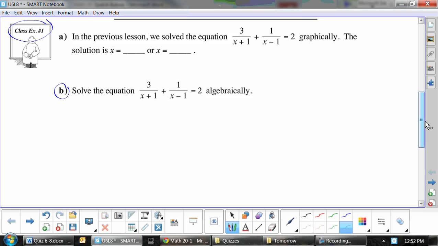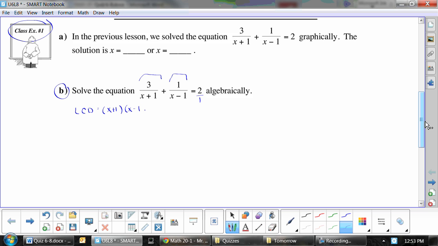They ask us to solve the equation algebraically, and because we have 2 terms on one side, we know that we need to find that common denominator. Our common denominator needs an x plus 1, an x minus 1, and a 1, which we already kind of have.